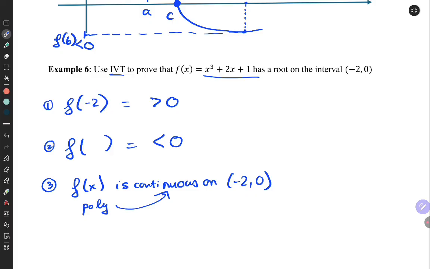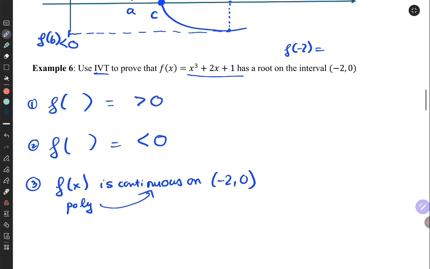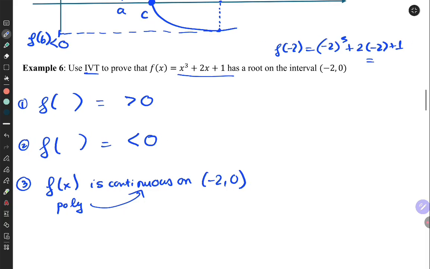Let's see f of -2. Make sure one of them is greater than 0 and one of them is less than 0. Negative 2 cubed plus 2 times negative 2 plus 1. What's that? Negative 8 minus 4 plus 1.